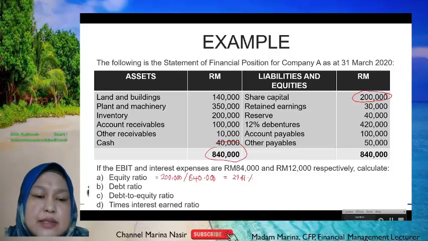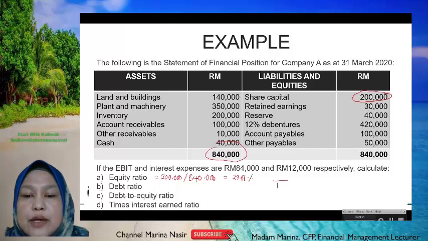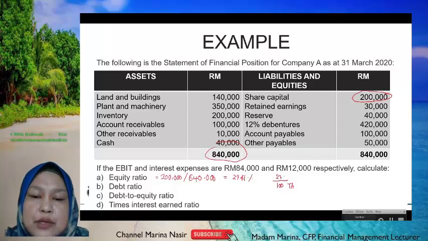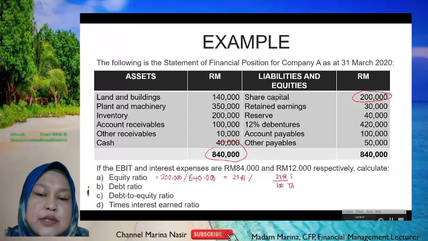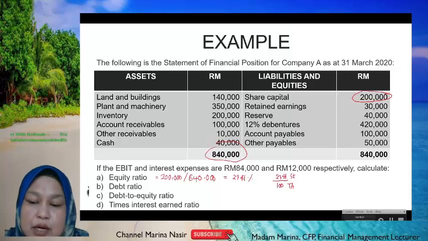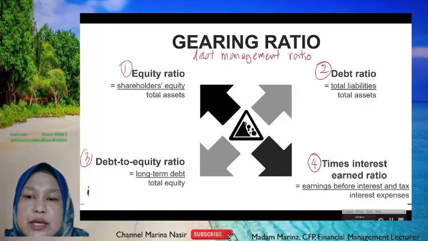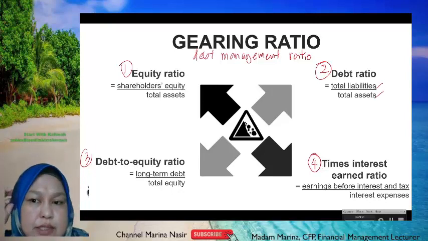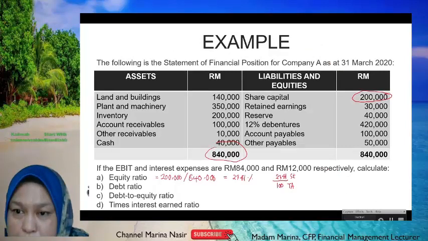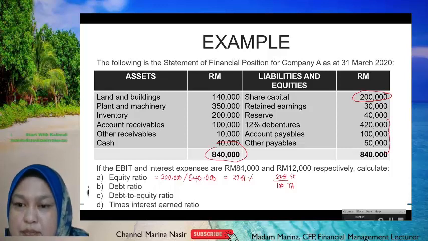What does this ratio mean? For every 100 ringgit of total asset, they have 23.81 ringgit of shareholder equity. The next ratio is the debt ratio. How to calculate the debt ratio? Total liabilities divided by total asset. This is our total liability: debenture, accounts payable and other payables.